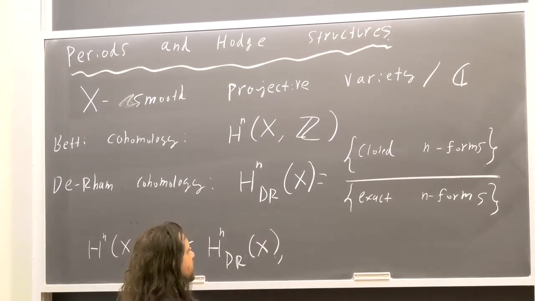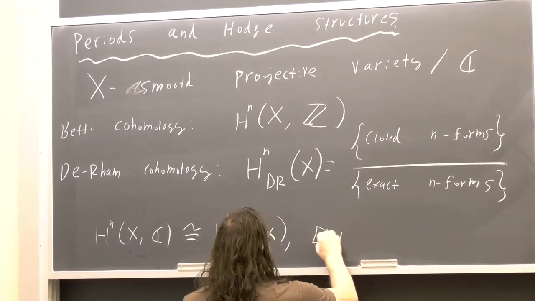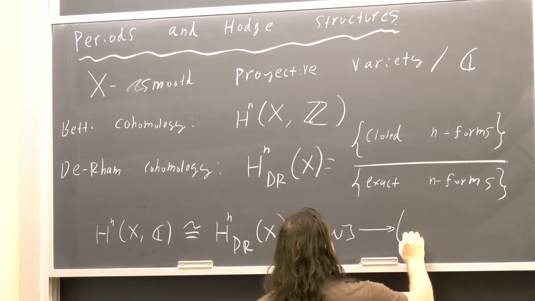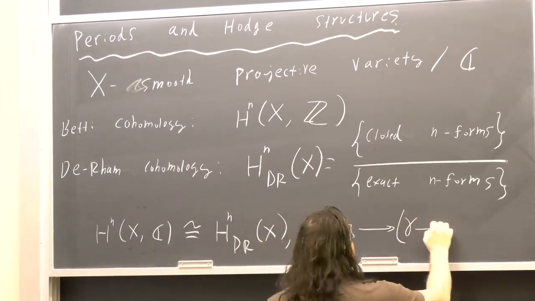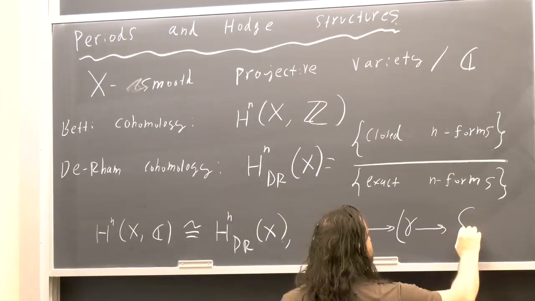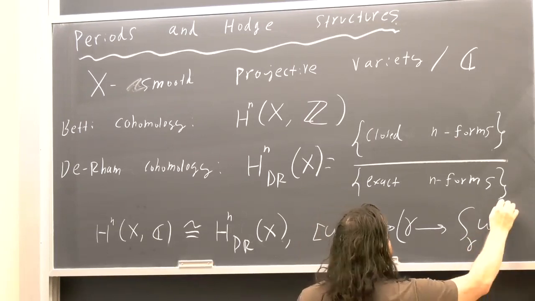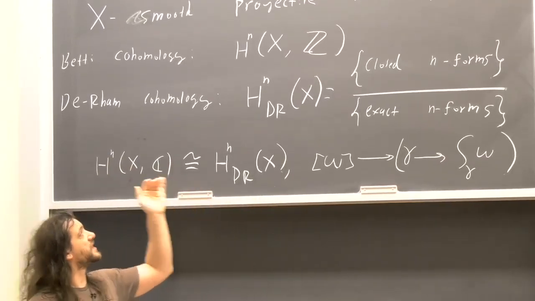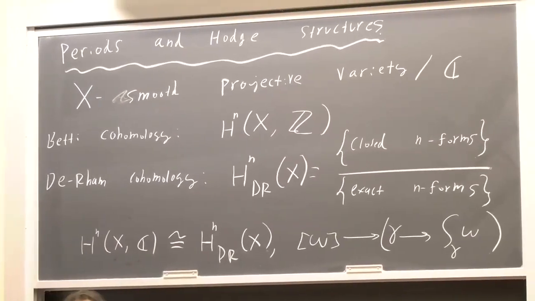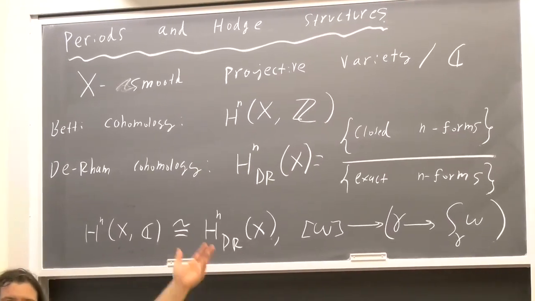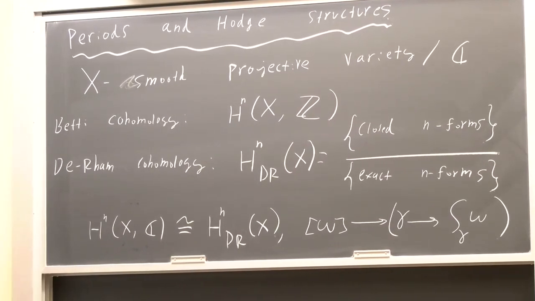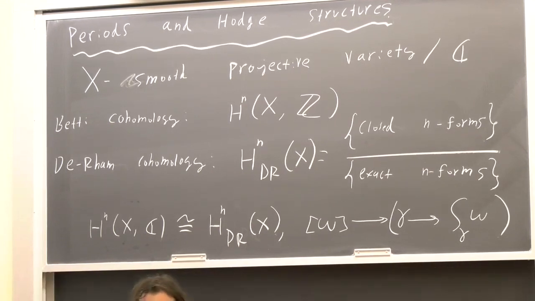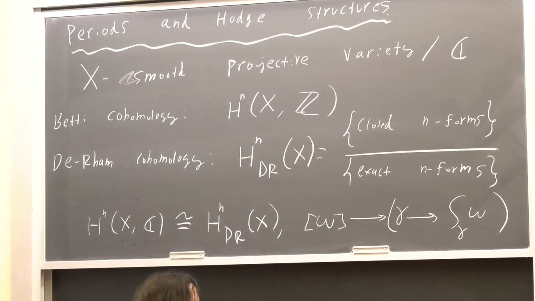And so the map is you take the class of omega here, and you map it to the cohomology class which sends the cycle gamma to the integral of omega over gamma. So essentially, what I want to point out about this isomorphism is, first of all, it's given by periods. It's given by integration of forms along cycles. The second thing I want to point out is that it's very transcendental looking at the very least. It doesn't mean much yet, but it will in a moment.